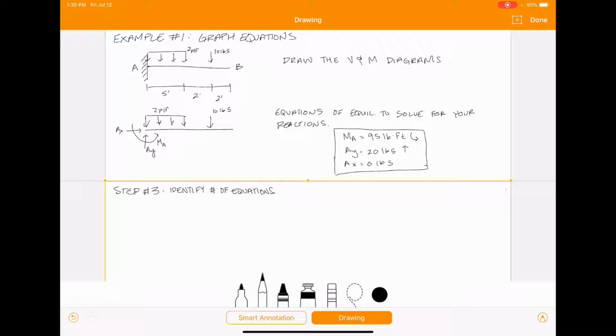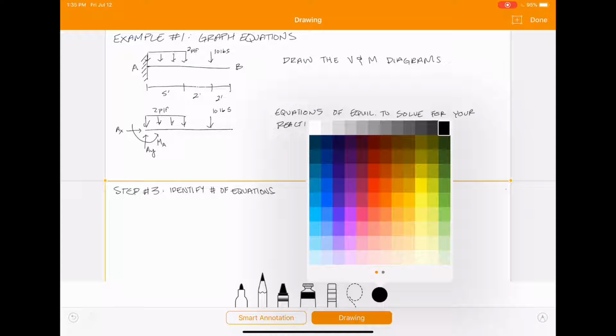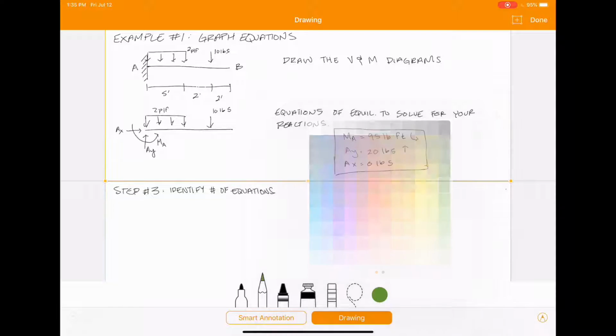When you're drawing a shear and moment diagram, your shear and moment equations are going to change anywhere along your beam where the loading changes. So in this example, our equations for shear and moment are going to change here and here.